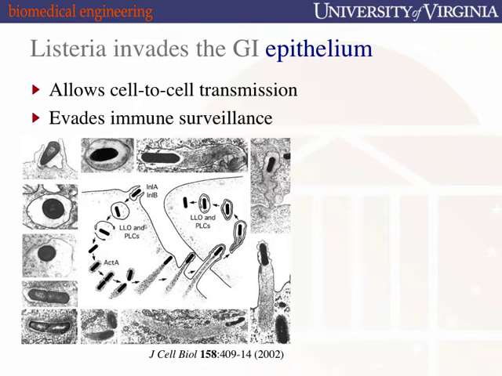So the cells will actively endocytose these bacteria. Again, they have mechanisms to evade those endosomes. They burst the endosomes and get out into the cell body, into the cytoplasm. Here, they express a protein, ActA. We'll go over what that protein does, but that is their virulence factor.